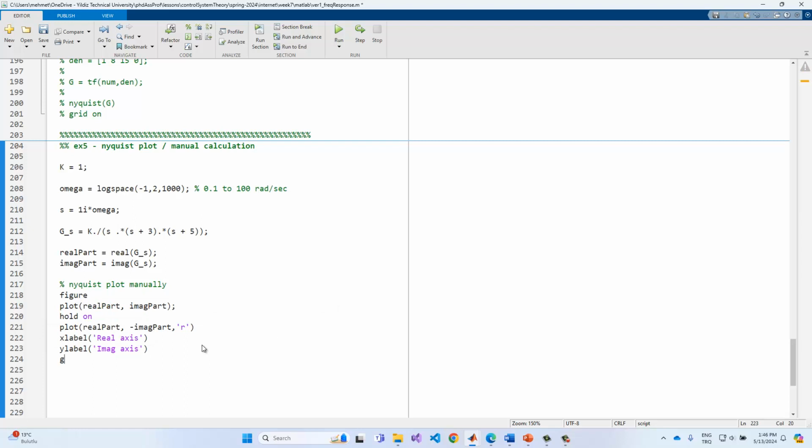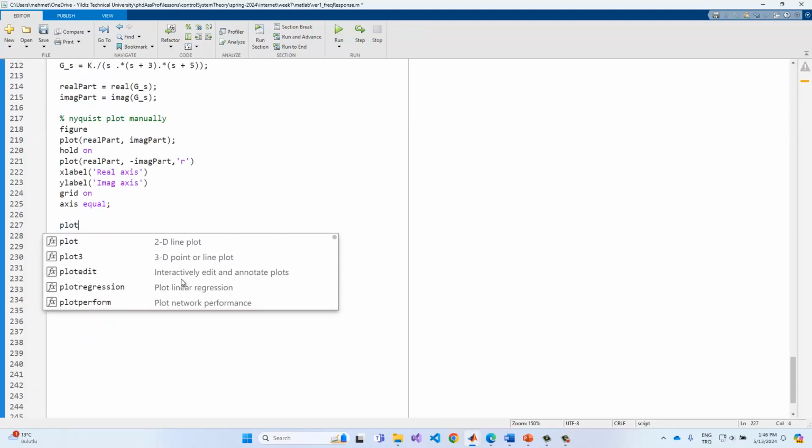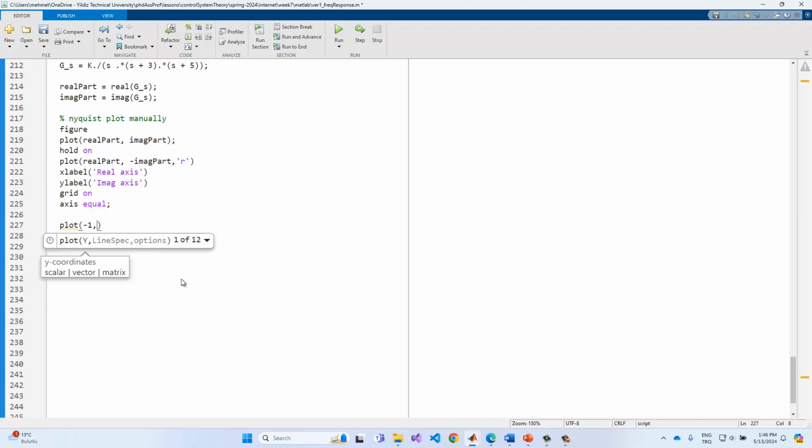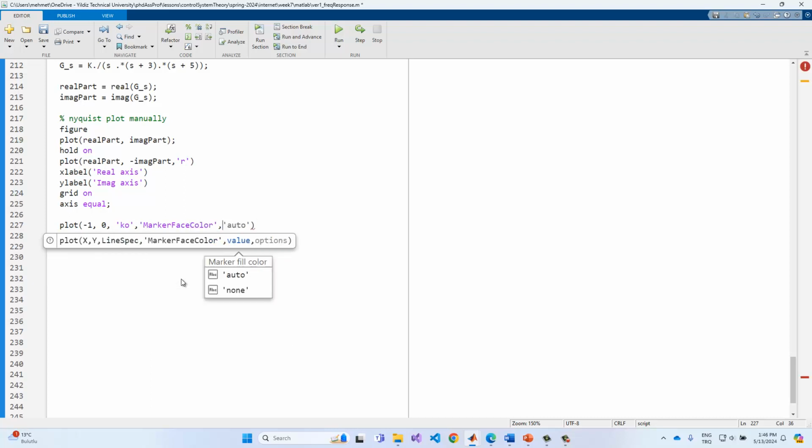And the grid on the axis must be equal in here, okay? And also we need to give the plot for -1, 0. This is our stability region in here, with the KO marker, and the marker face color must be assigned with K, okay?